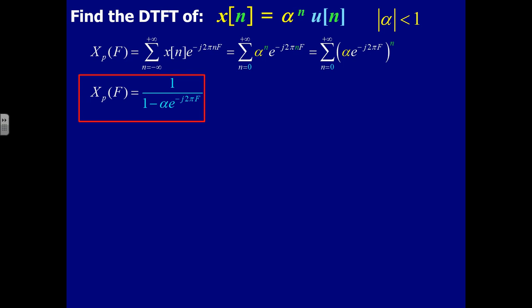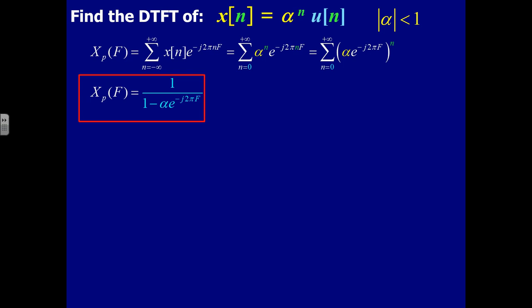So we take 1 over 1 minus everything in the parentheses of the summation, and that was alpha e to the minus j 2 pi f. That would be the discrete time Fourier transform of this exponential. And for a particular alpha, we would just plug the value of alpha into this expression.